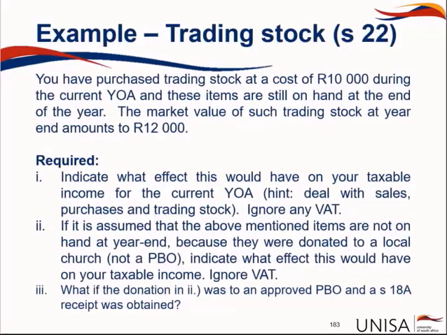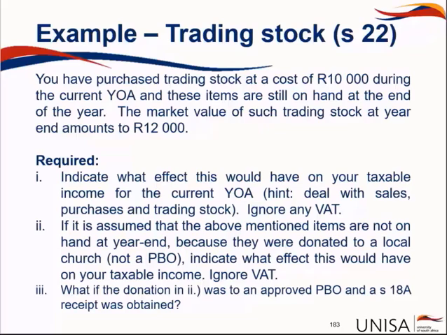One more. Here it says you have purchased trading stock at a cost of $10,000 during the current year of assessment, and these items are still on hand at the end of the year. The market value of such trading stock at the end of the year amounts to $12,000. Required number 1, indicate the effect this would have on your taxable income for the current year of assessment. Ignore VAT.